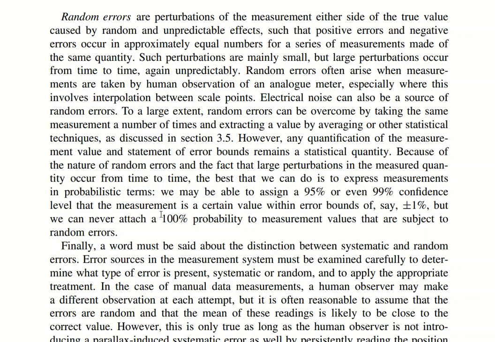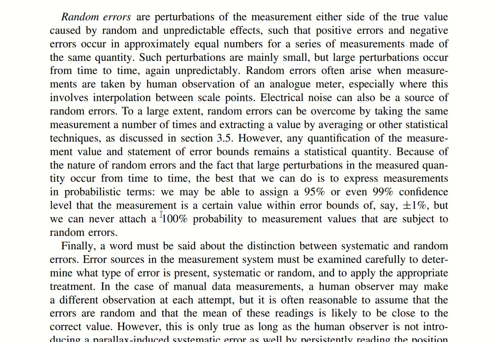Then electrical noise can also be a source of random error, and to a large extent random error can be overcome by taking the same measurement a number of times and extracting the value by averaging or other statistical techniques, which we are going to see in the next class.